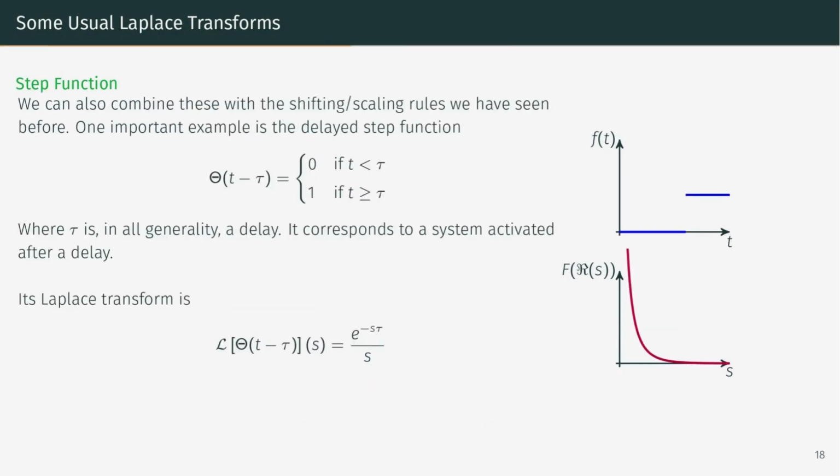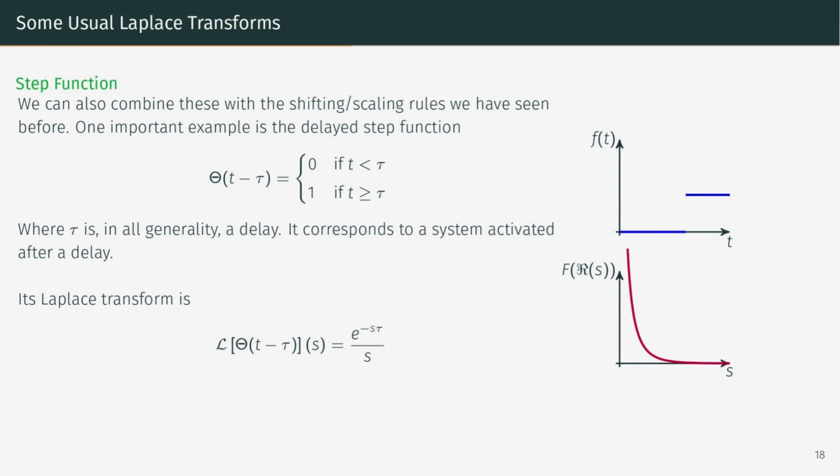We can also combine these with the shifting and scaling rules that we've seen before. One important example of this is the delayed step function, which we can see in the top graph. The delayed step function is defined by theta of t minus tau, which is 0 if t is less than tau and 1 if t is greater than or equal to tau.